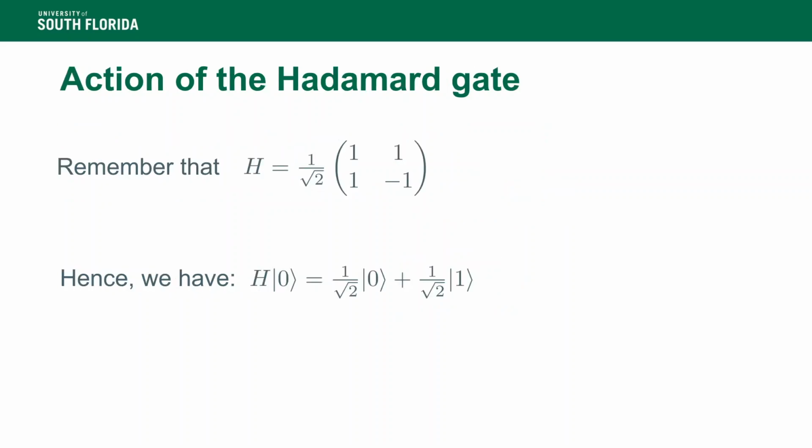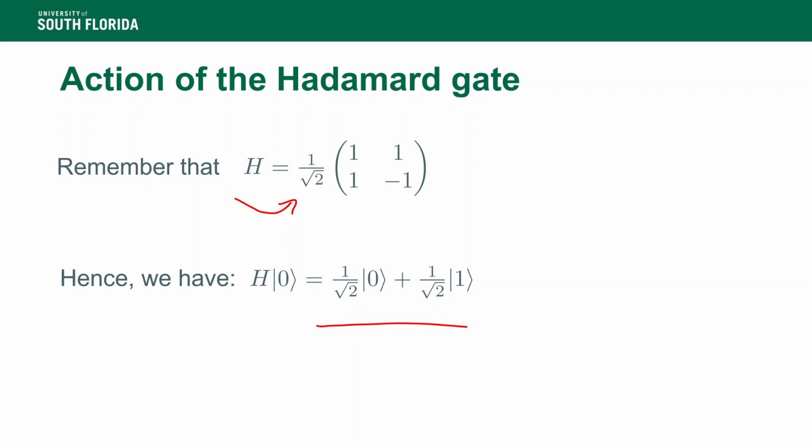Now, we're going to figure out a way to create uniform superpositions over all possible outcomes. And this is going to be done with the Hadamard gate. So remember, the Hadamard gate is one of those elementary gates from our gate set, and it has this shape. And we have in particular that H|0> is given by 1 over square root 2 |0> plus 1 over square root 2 |1>.